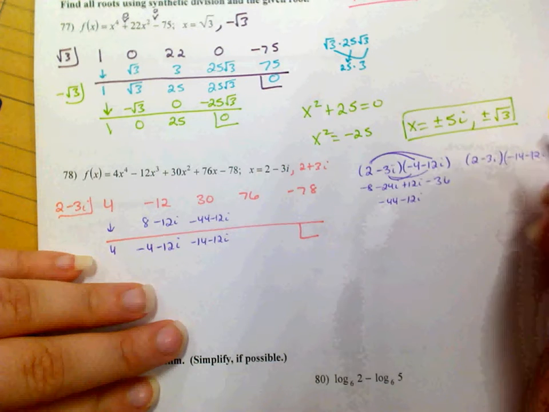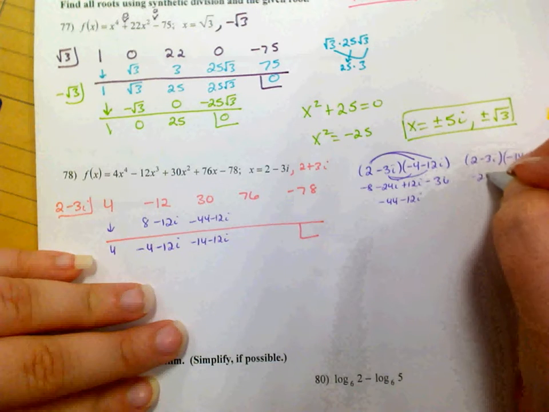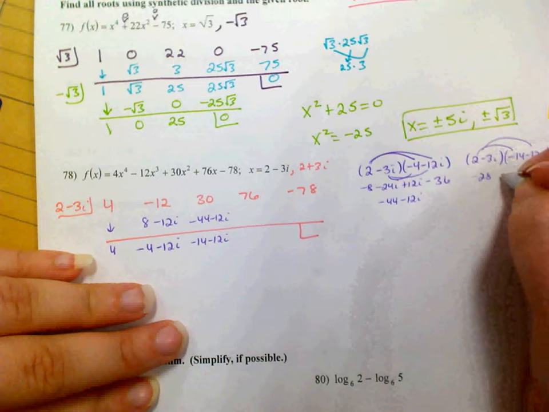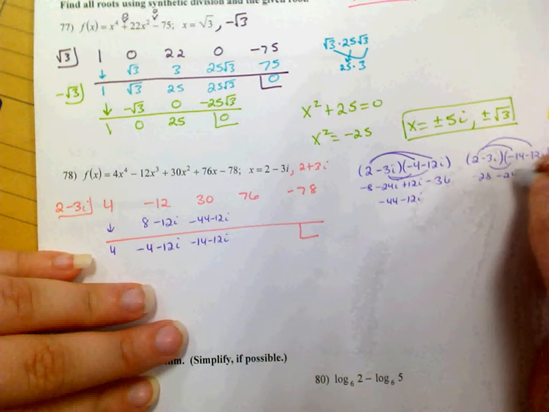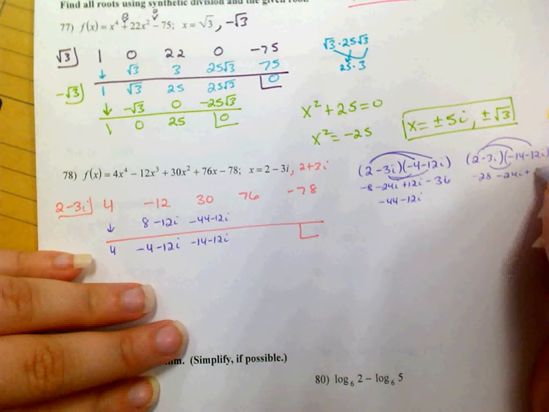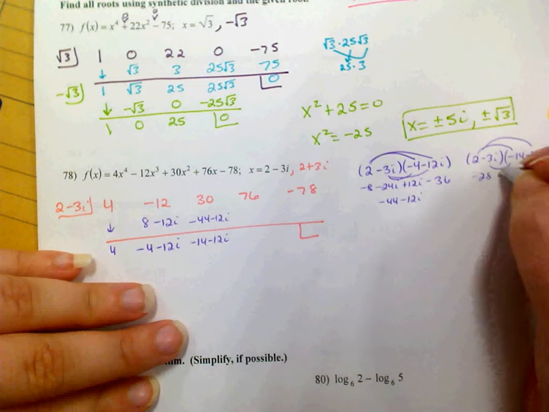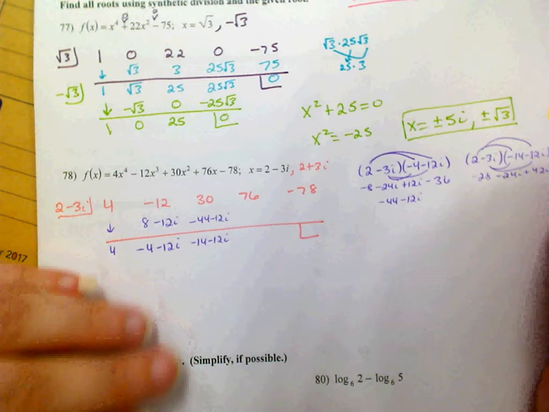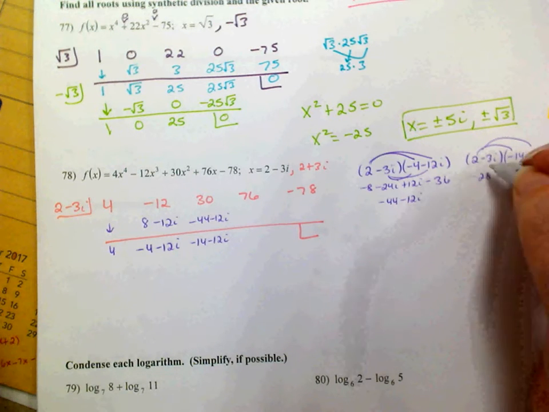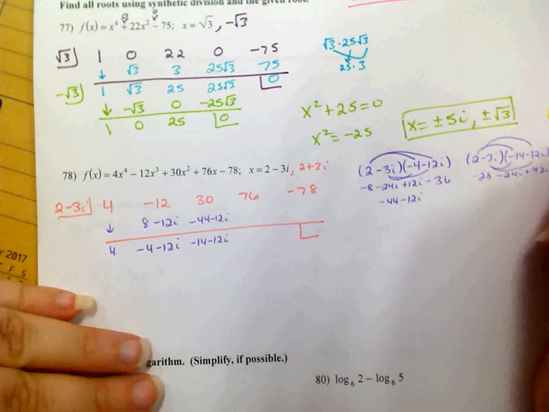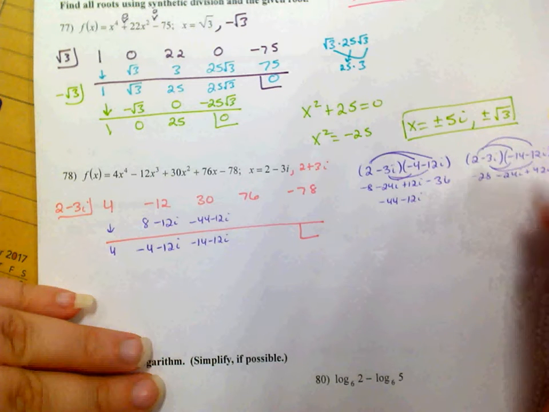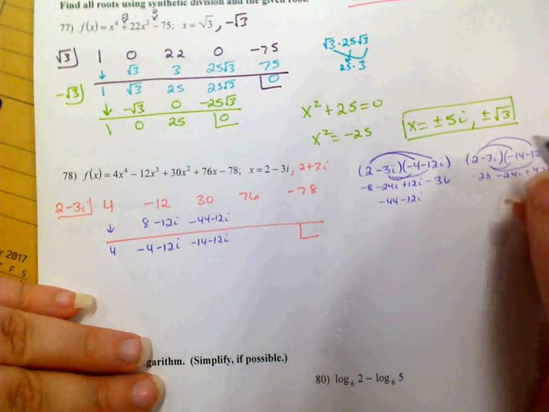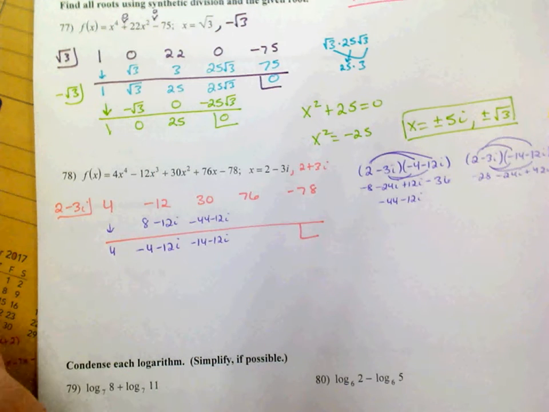So that is negative 28 minus 24i plus, let's see, 42i, and positive 36i squared, which is a negative 36. Okay, so I've got negative 36 and negative 28, which is negative 64.